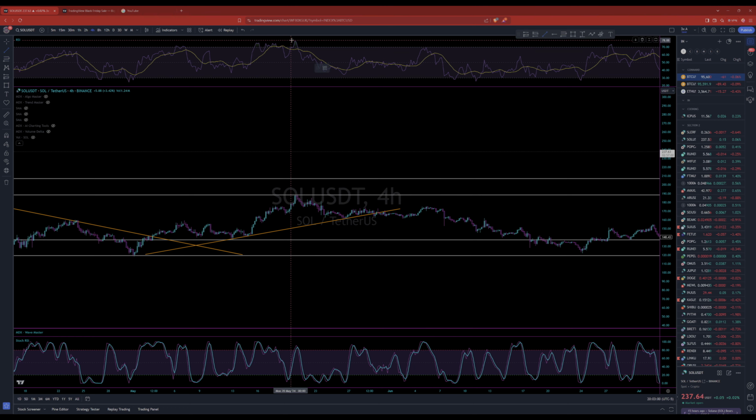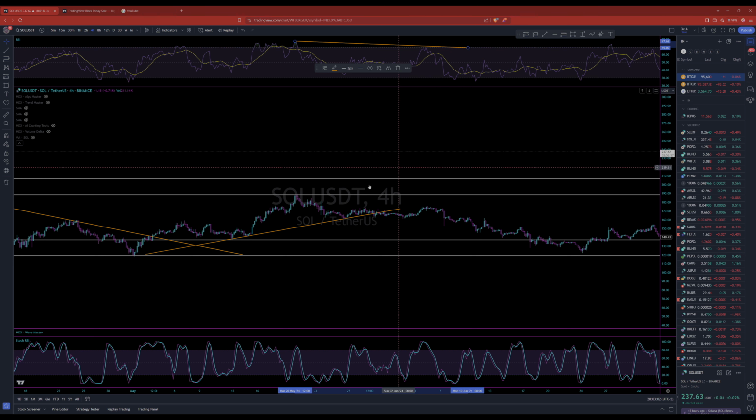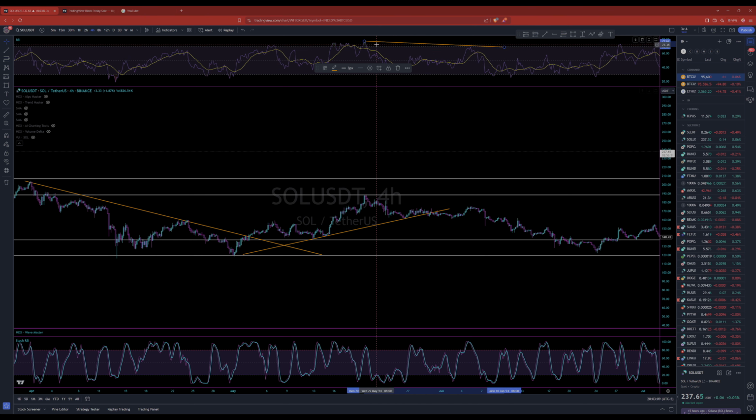Divergence. That's what it tells us. Actually, no, that's not divergence. That's normal price action.